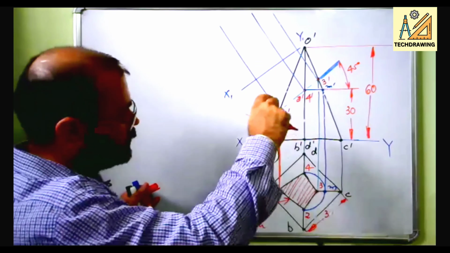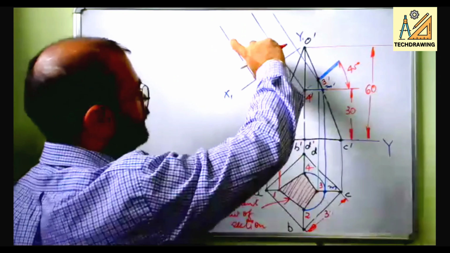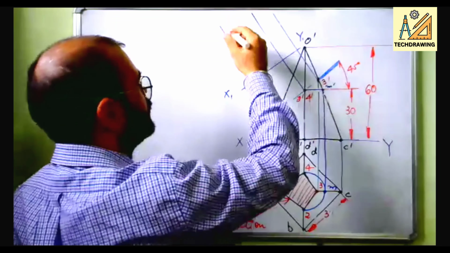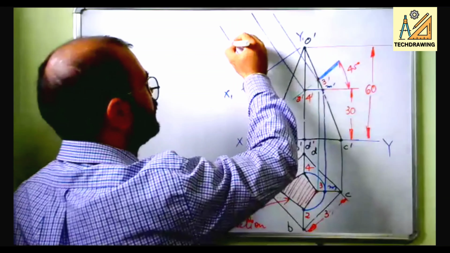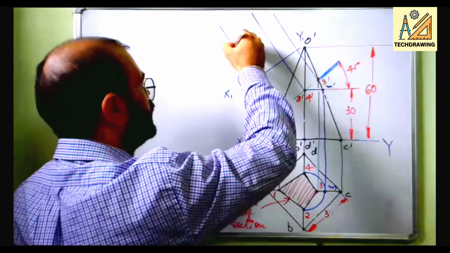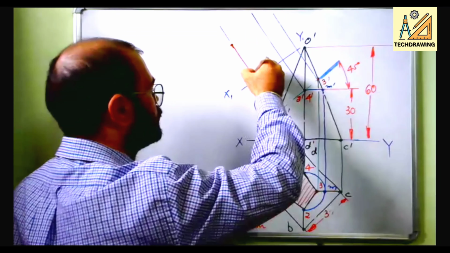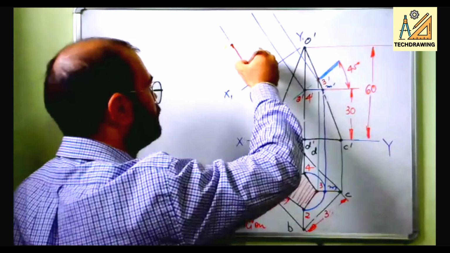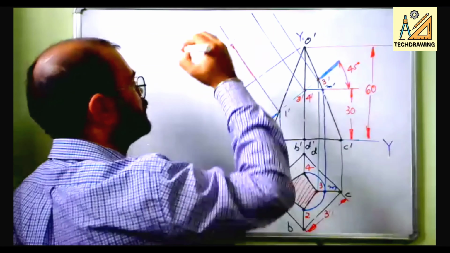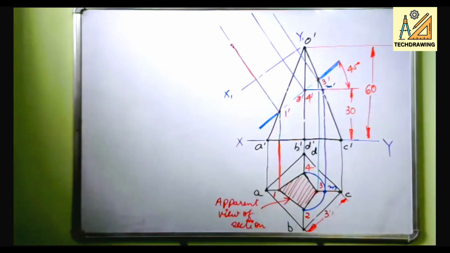Then measure it and mark an arc over here. Let us say it comes out to be here. I am drawing this in red color so that you may be able to recognize it, right?